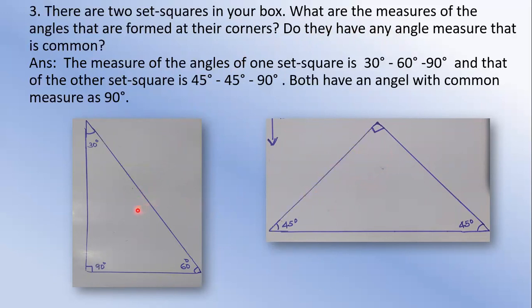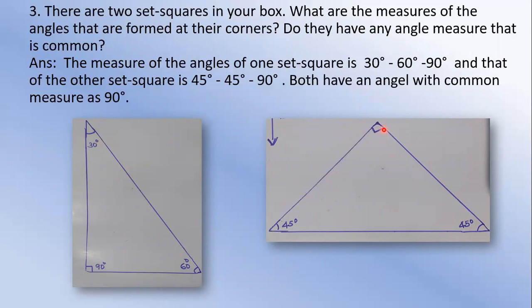And if we measure, we can see that one will be of the measure 30 degrees. This angle will be 30 degrees, and here 60 degrees, and this will be 90 degrees. So in one of the set squares, the measures of the angles are 30 degrees, 60 degrees and 90 degrees. And in the second set square, two angles are 45 degrees each and the third angle is 90 degrees.